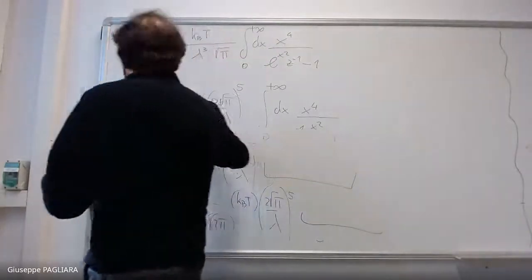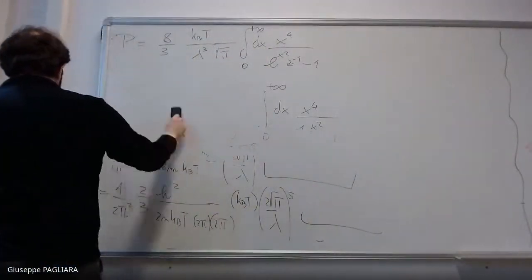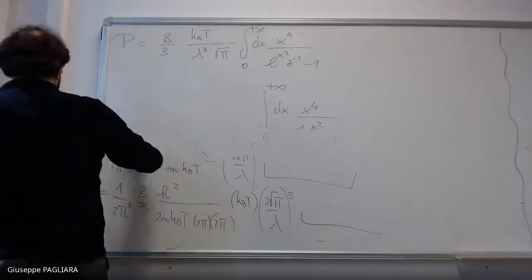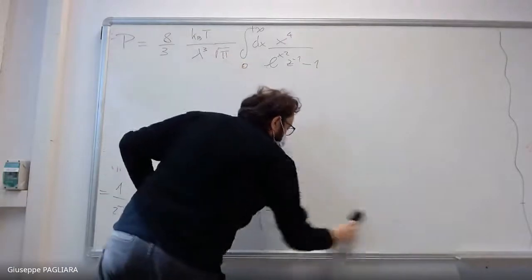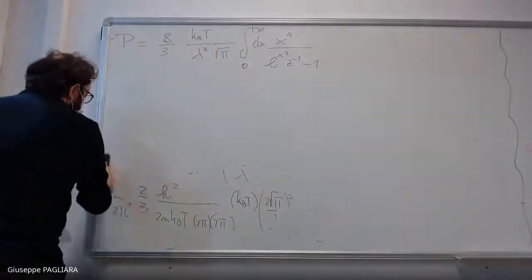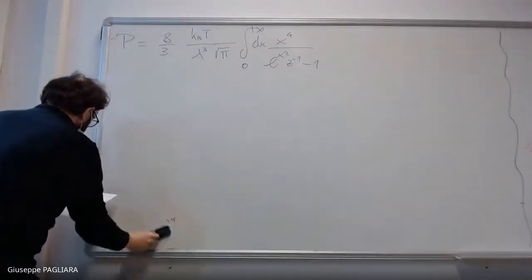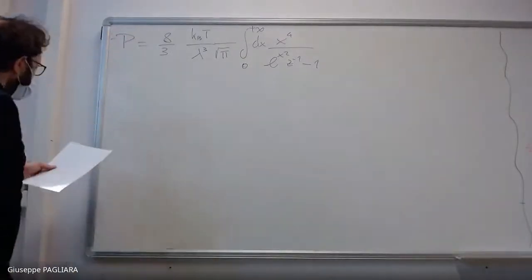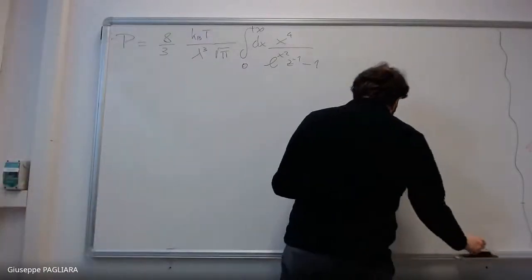Okay, good. So now let's write this expression in a slightly different way. Well, actually, no, let's leave it like it is. And let's write down also the similar expression for the density. So this we leave like this, the square root of pi, lambda cube, and so on.